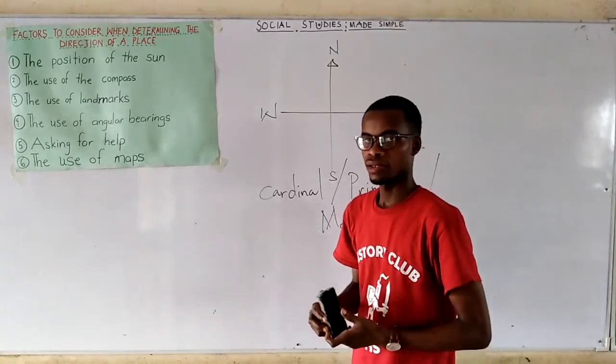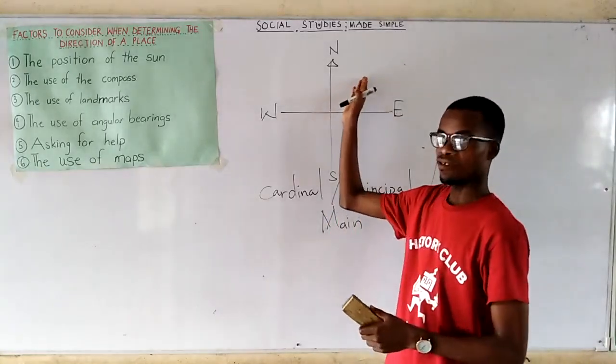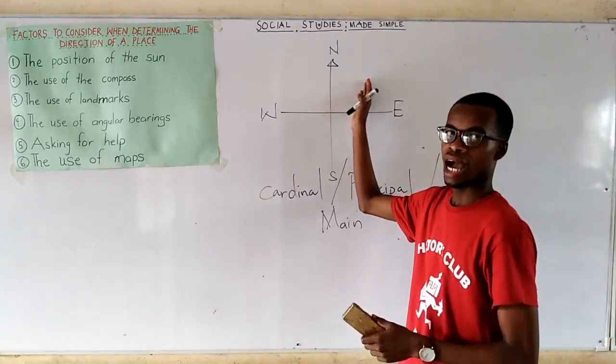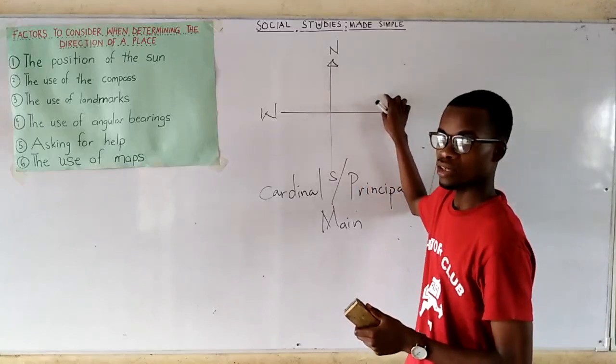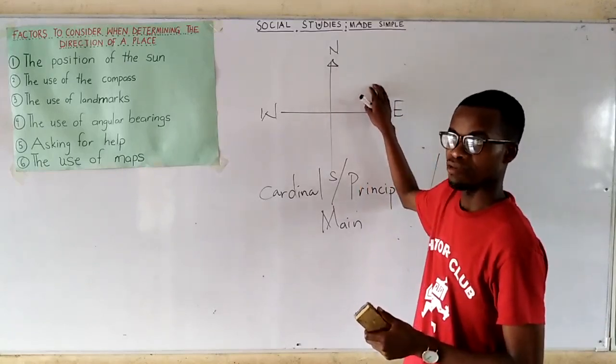And see how it looks like. So what also makes it easy is that there are times that the location can fall here. So if the location falls here, then how are we going to identify it? That means that there are places or positions here that are also points on the compass that have been named.